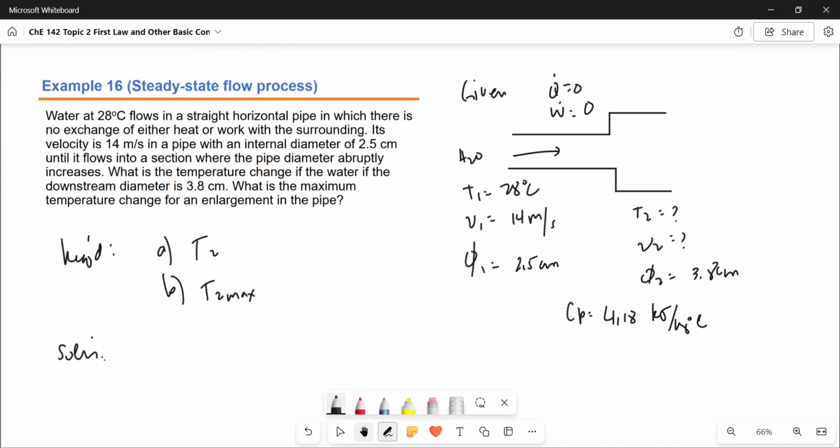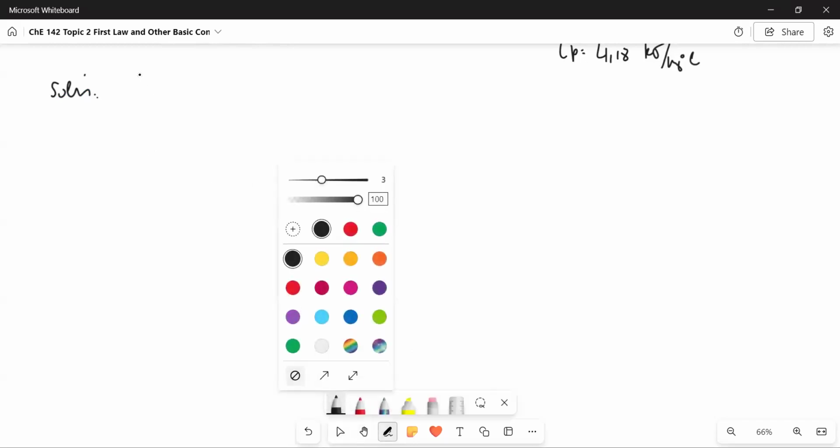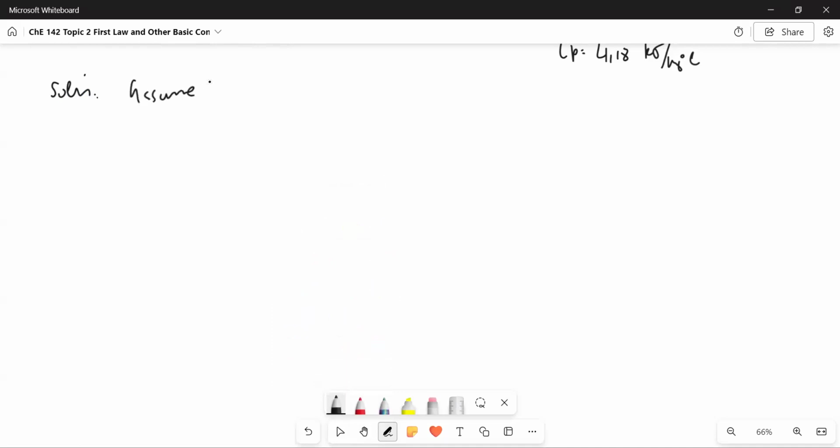We begin with the general energy balance. First we assume that the system is steady state since there's no mention of any accumulation, and simplest, usually we do simplifying assumptions.